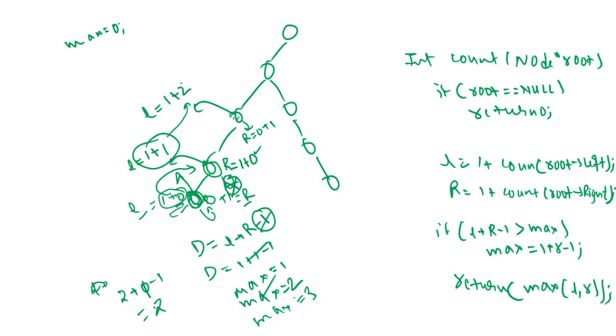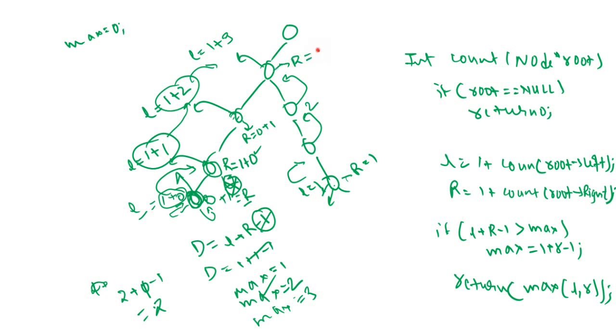In the same way, it will return 3, so its left will become L is equal to 1 plus 3, and for the right, I will go down to here. For this, the left is 1, right is 1, I will return 1 to here. So similarly it will return 2, similarly it will return 3. So its right will become 1 plus 3, so it will become 4, and this will become 4.